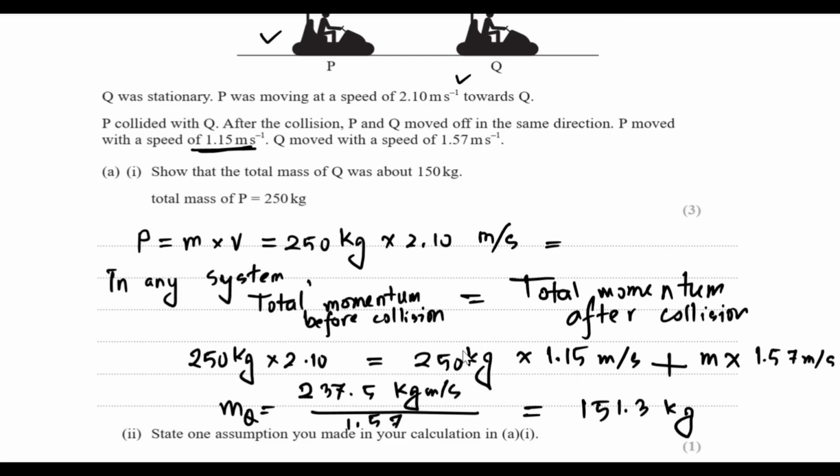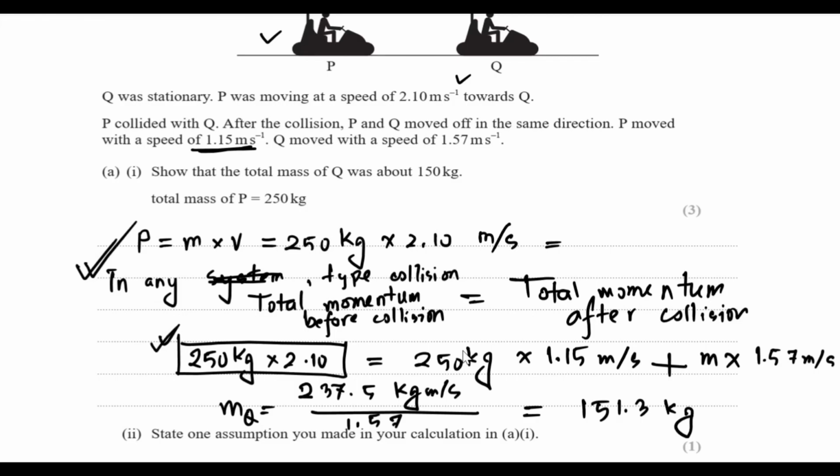So remember, in any type of collision, total momentum before collision is equal to the total momentum after collision. So before, only the P bumper car was in motion.